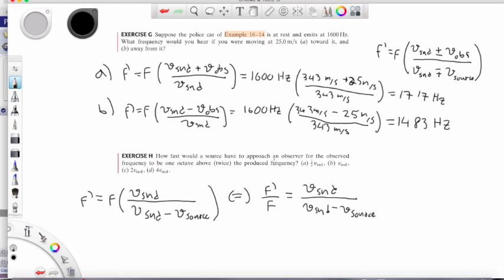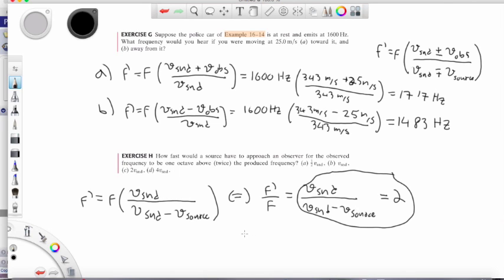And the requirement was that the Doppler shifted frequency has to be twice the original frequency. So this is where we work on from now.